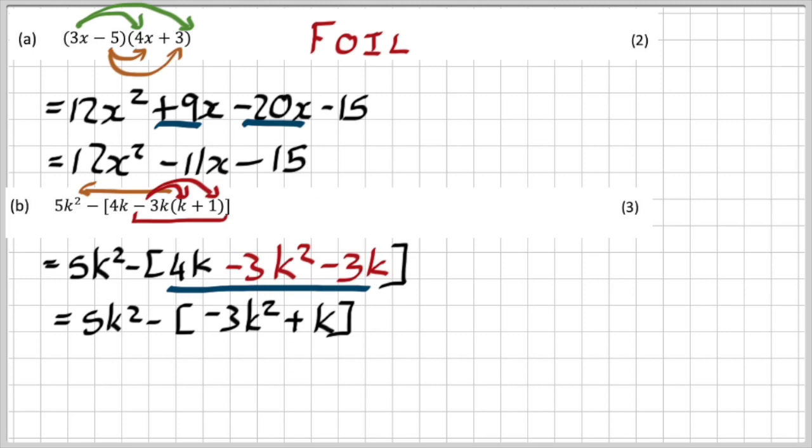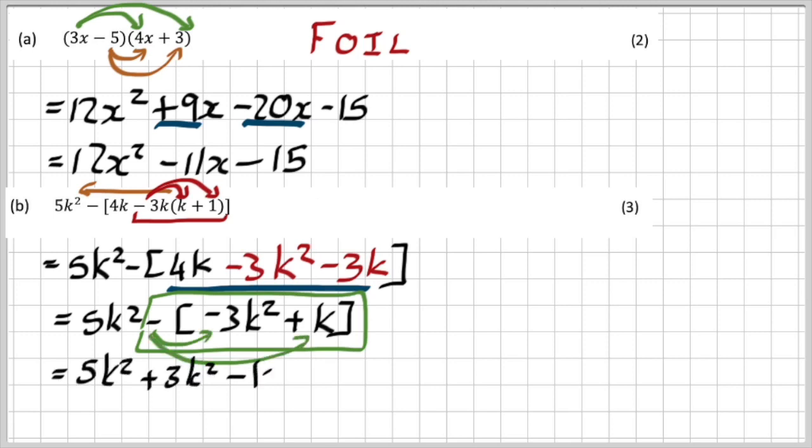Step by step, I'm getting rid of the bracket. So what must I do with that negative in front of the square brackets? I'm going to multiply them in, and I'm left with positive 3k squared minus k, which then I have to go and add the like terms.